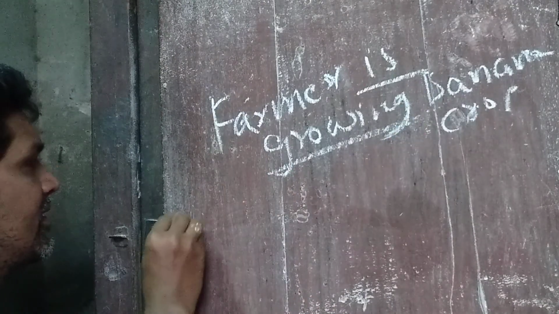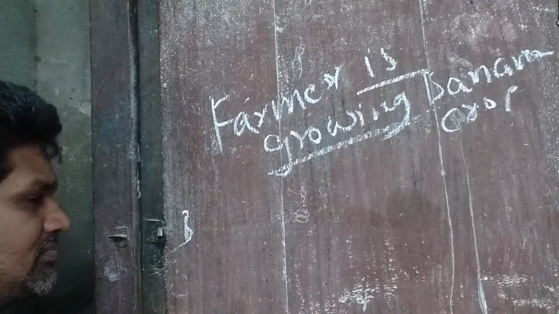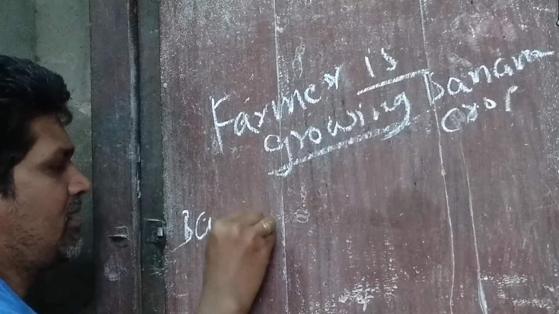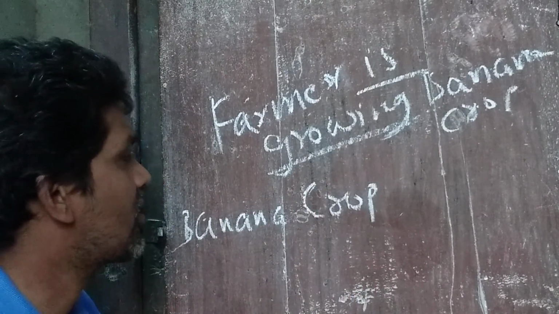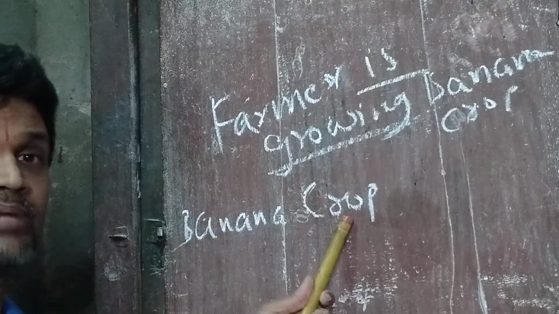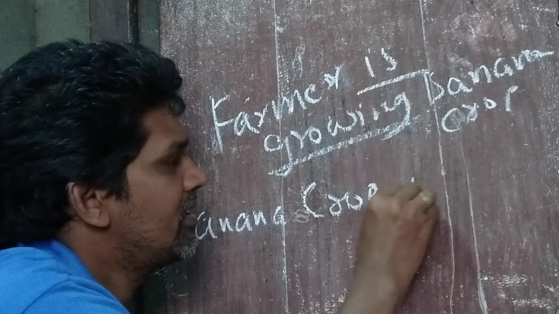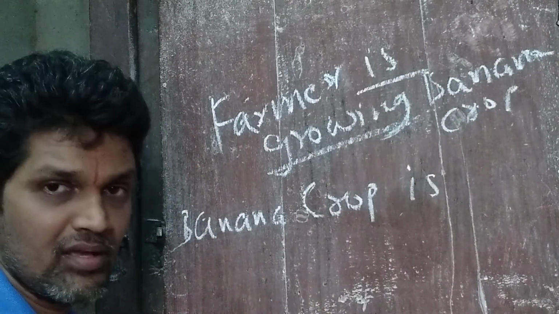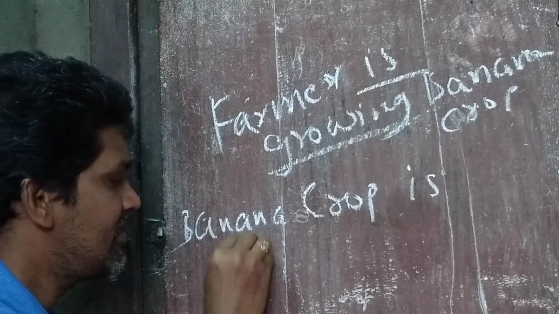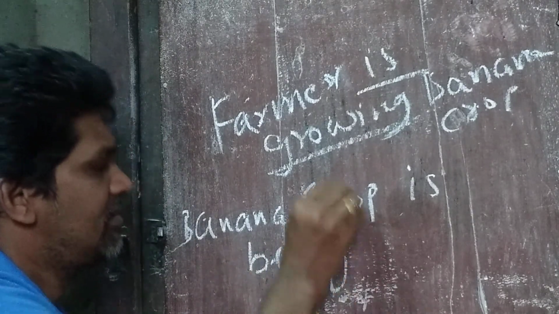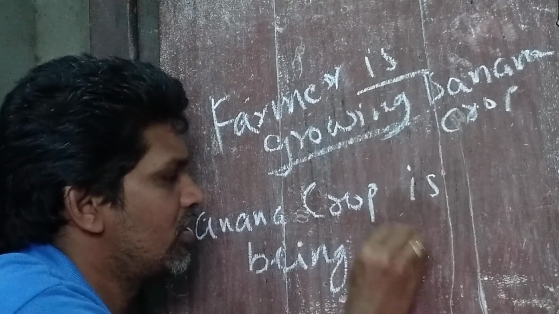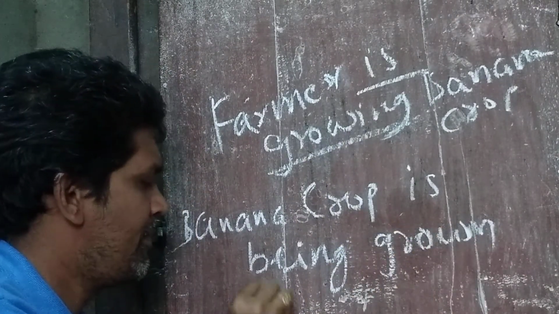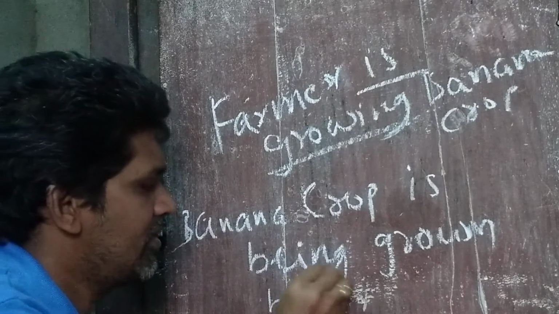So interchanging. Banana crop is singular form. Is, after is we should add being, growing, grown, by farmer.